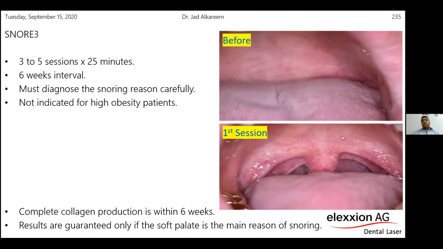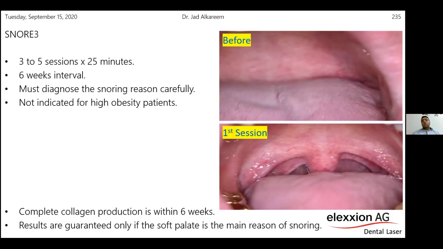Other reasons are because the patient has some problems in the maxillary sinus. For other reasons, the diode laser is not going to do that.